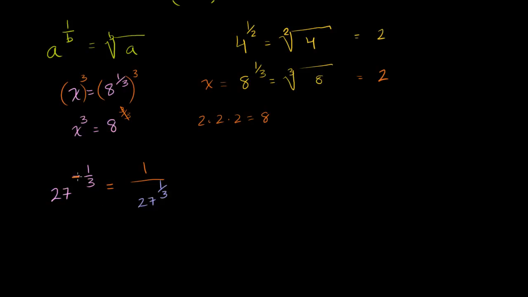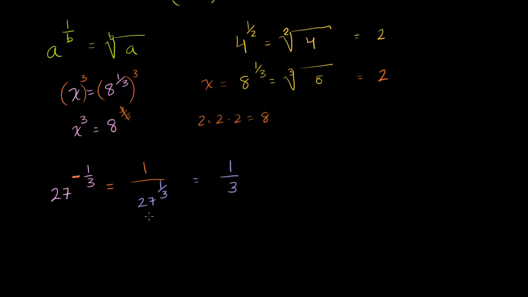You get rid of the negative and take 1 over the whole thing. And then what is 27 to the 1/3 power? Well, what number times itself 3 times is equal to 27? That's equal to 3. So this is going to be equal to 1 over 3. Not too bad.